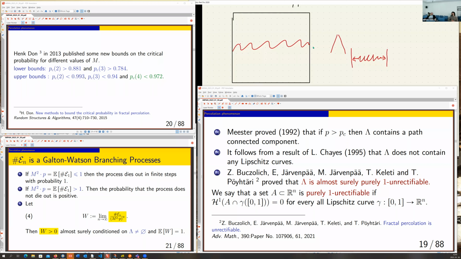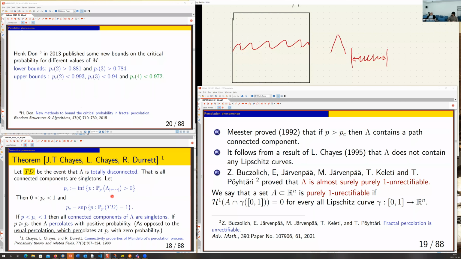Critical means there is a non-trivial component, or critical means there is connection of the left side. Critical means that if you take a probability bigger than the critical, then with positive probability, you have a connection, which appears in this picture. So the two things are very related. Above the critical parameter, you have probability 1 of having large components.